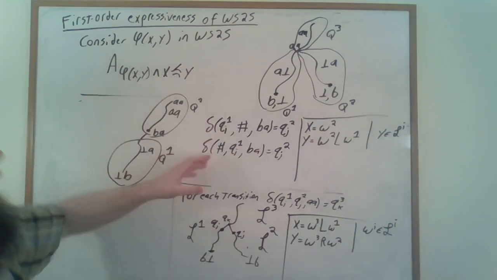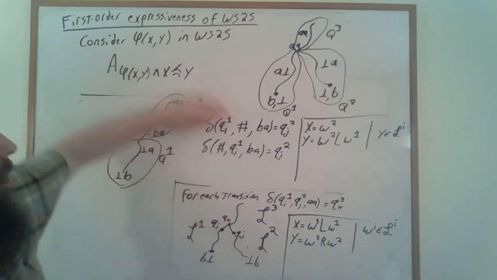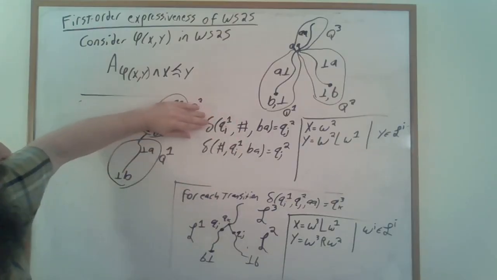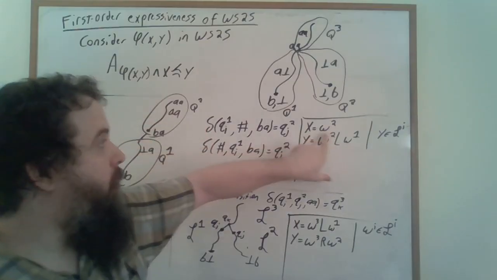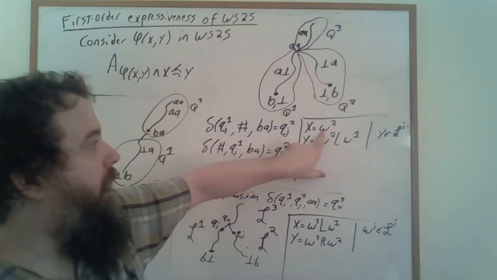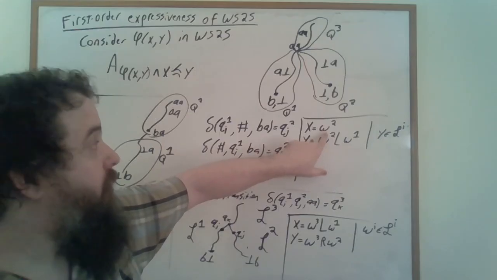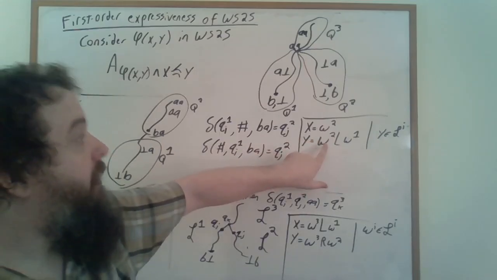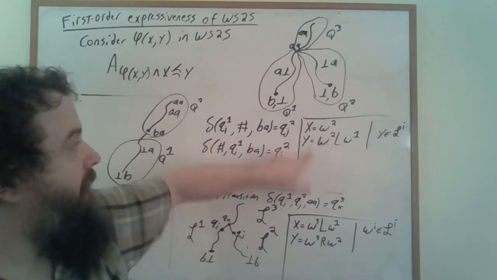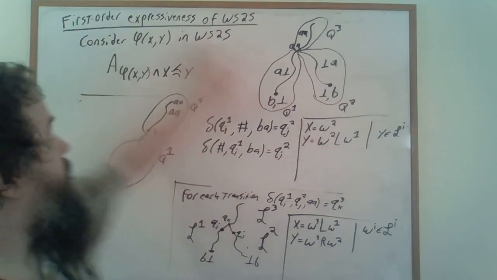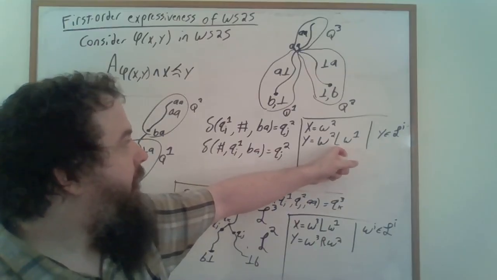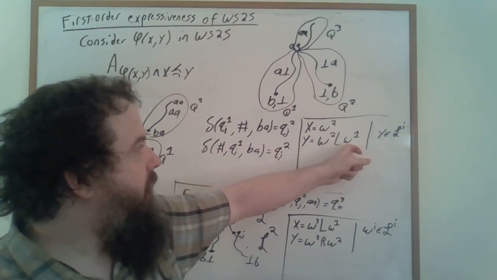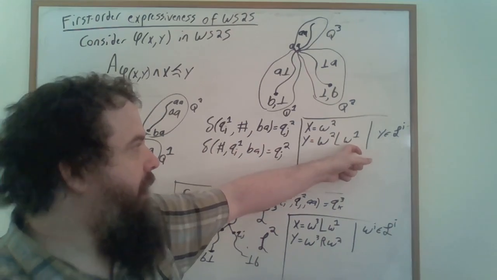So when we're unioning over these possible transitions and we're looking at one of these transitions, we're looking at a language that looks like this: X is some word W2 in some regular language L2, and Y is that same W2, right? X is a prefix of Y, we were restricting our attention to that, followed by an L, followed by some word in some other regular language, L1.